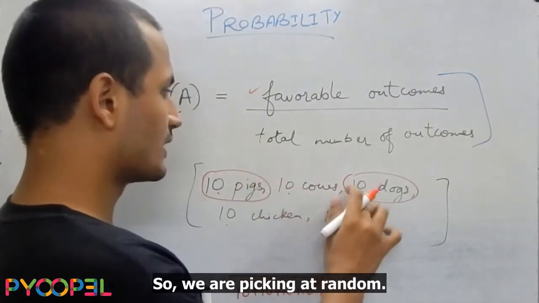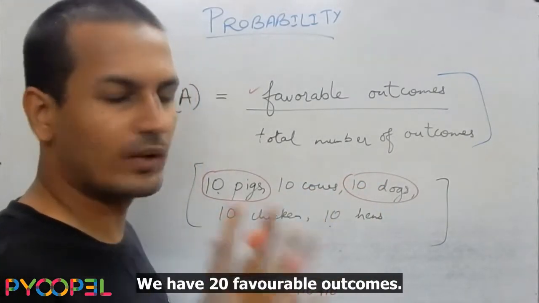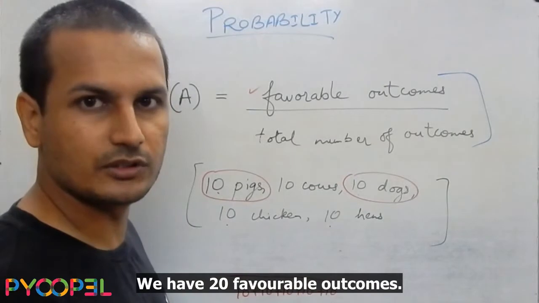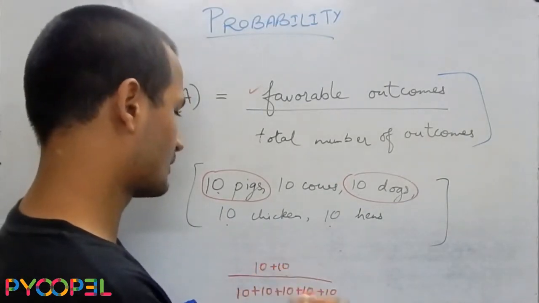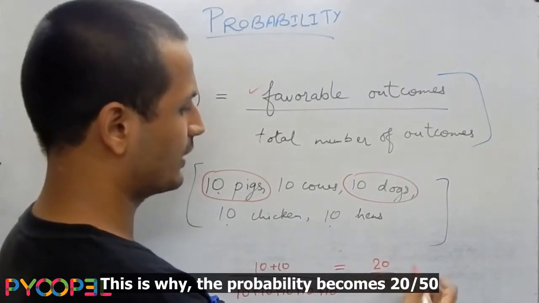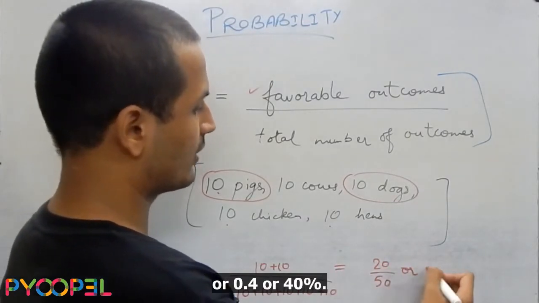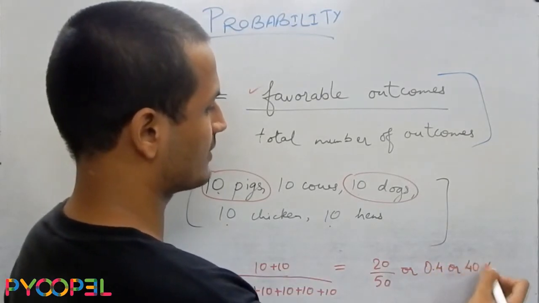So we are picking at random, but we have 20 favorable outcomes. This is why the probability becomes 20 by 50, or 0.4, or 40%.